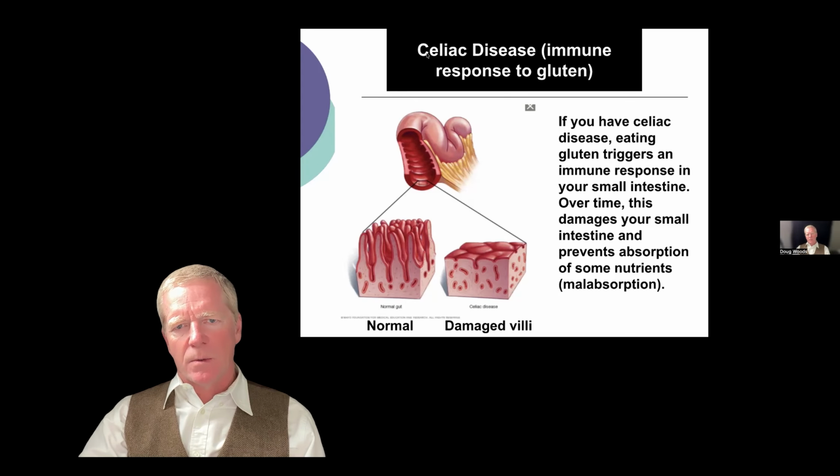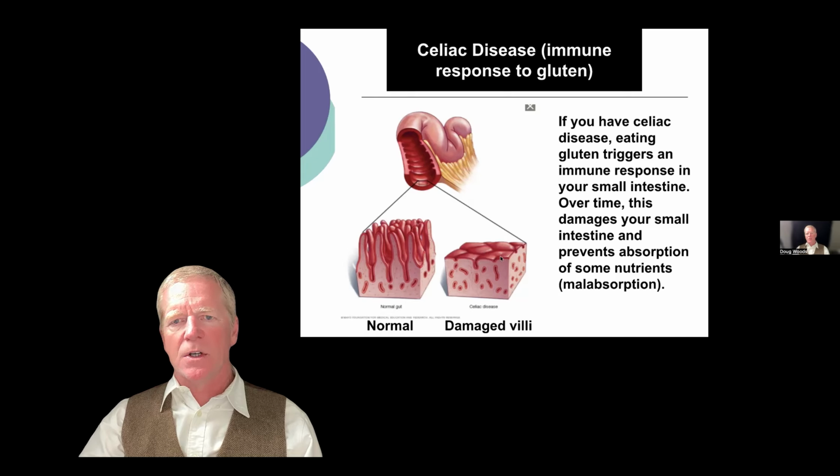If you are suffering from celiac disease, this is a very serious condition. You must not eat gluten, because if you do, the immune system will attack the lining of the intestines and destroy the villi, making it very hard to absorb food. So this is a really serious condition, and you must avoid all gluten.